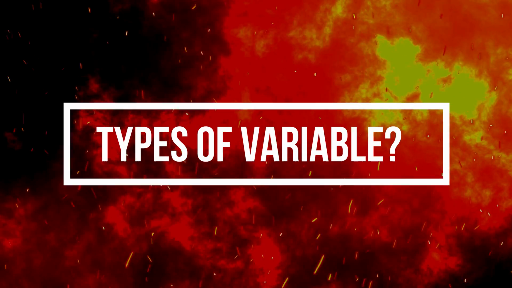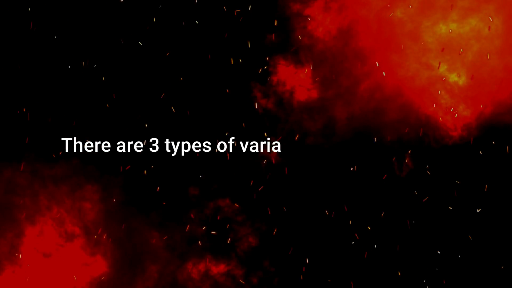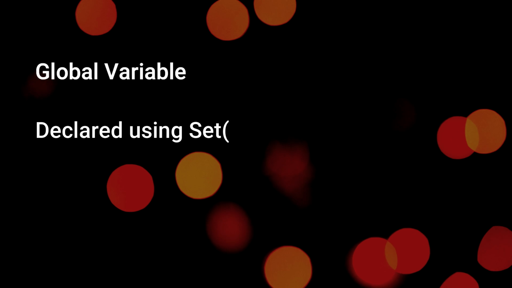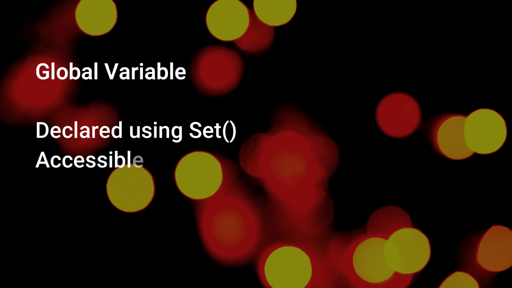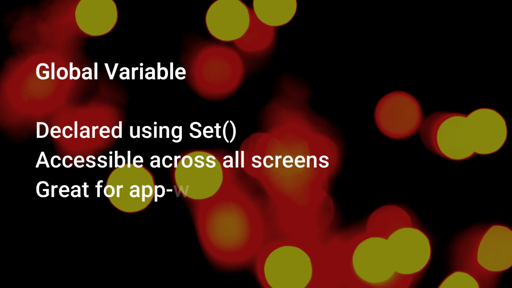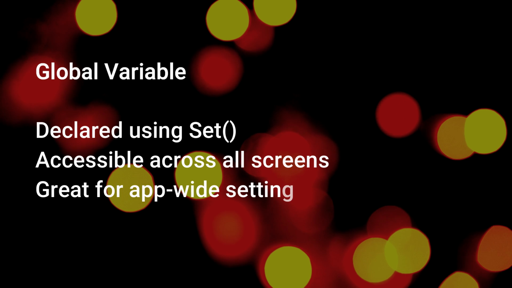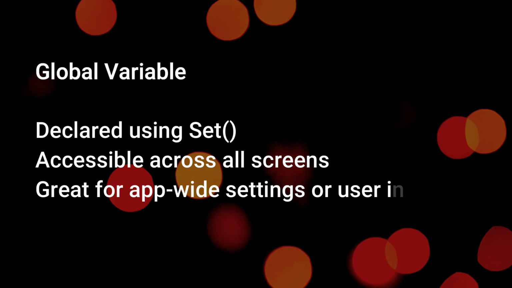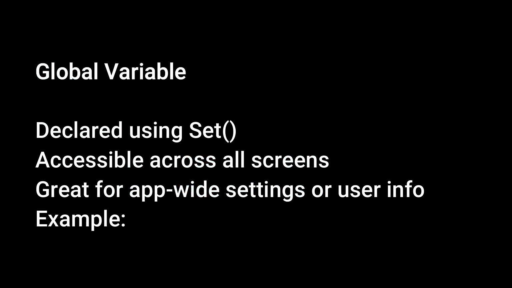Now if we talk about the types of variables, in Canvas applications there are three types. The first one is the global variable. A global variable is declared by the Set function. It is accessible across all screens and is great for app-wide settings or user info.